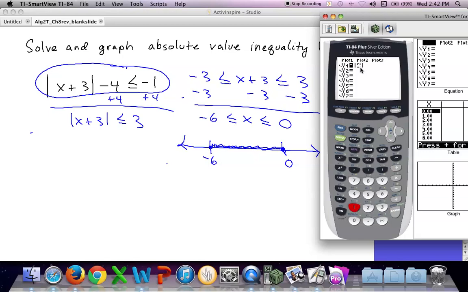All right, so I need to put in the x plus 3 there. Now, in order to get out of the absolute value, right arrow. Now I'm going to say subtract 4. I don't even have to isolate, right? Don't even have to isolate. Okay, now I need to put in the less than or equal to symbol.